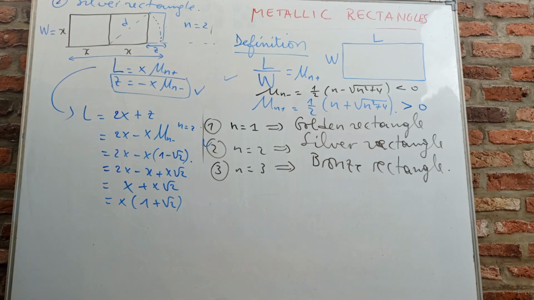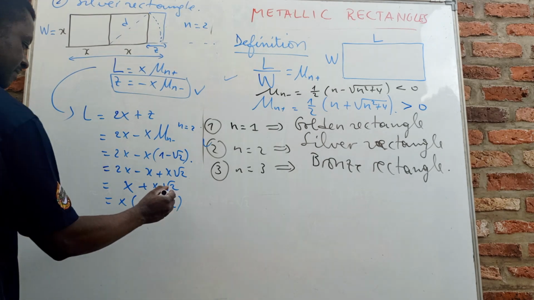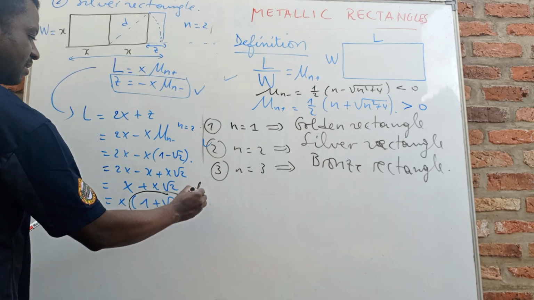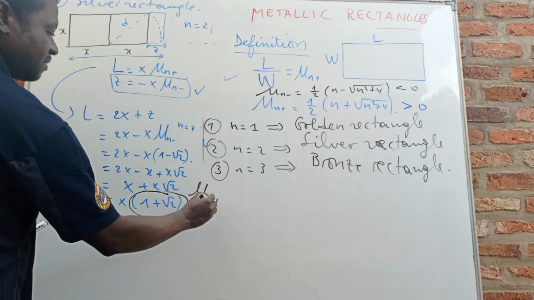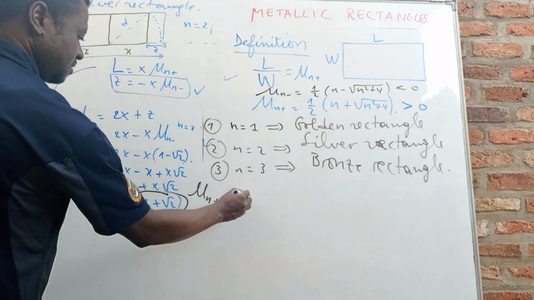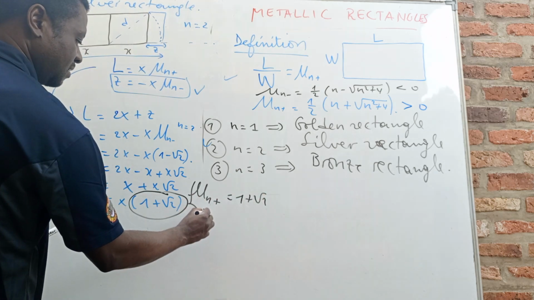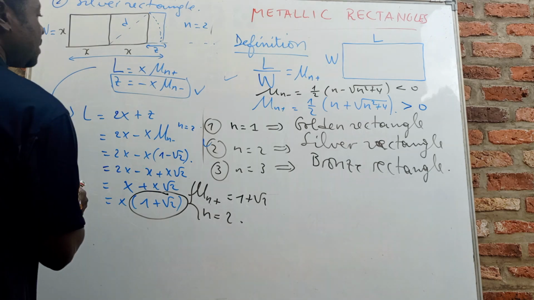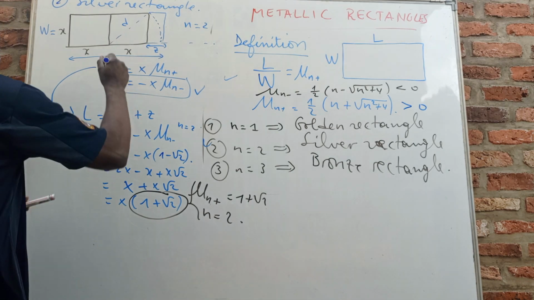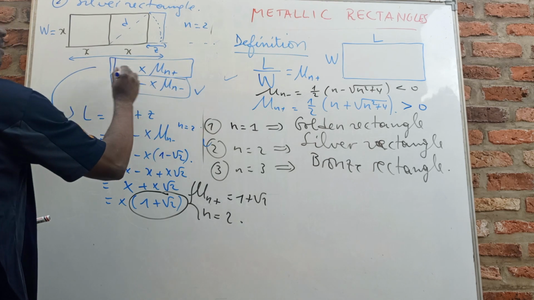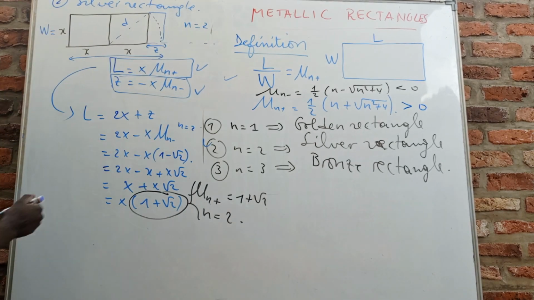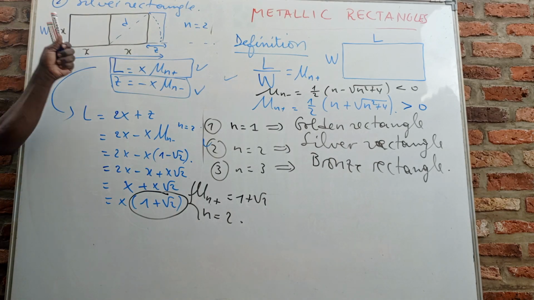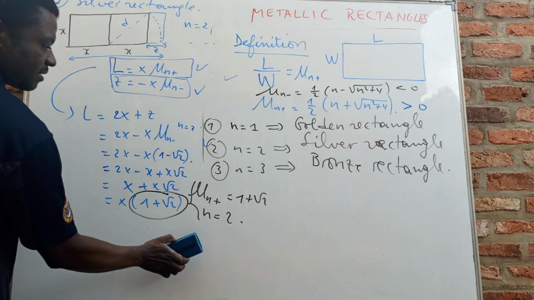Now this is exactly the silver ratio with n equal to 2, 1 plus square root 2. So we have come to the end of the proof of the length being equal to this with n equal to 2. Okay, so now with n equal to 3, we are going to get a similar result.